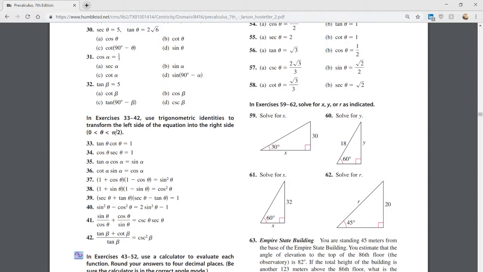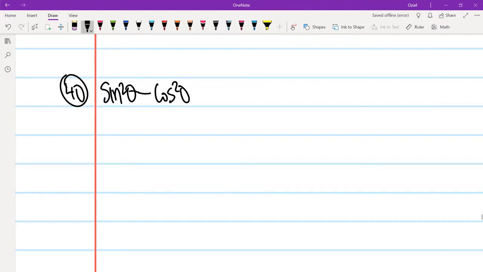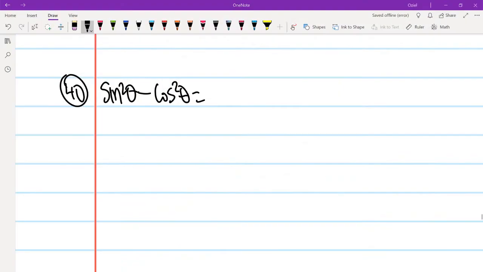Okay, so for number 40, it's saying sine squared of theta minus cosine squared of theta equals 2 sine squared of theta minus 1.